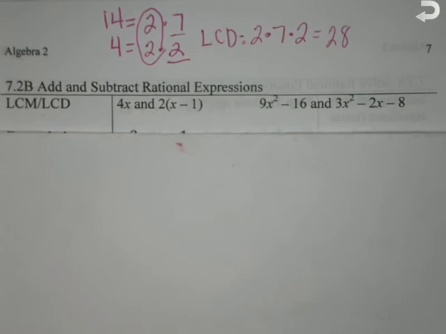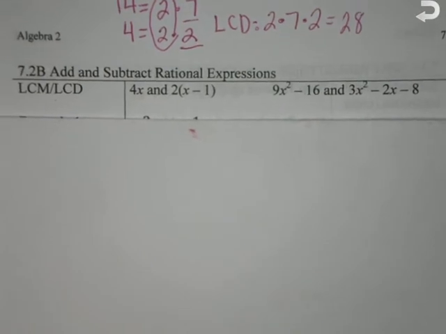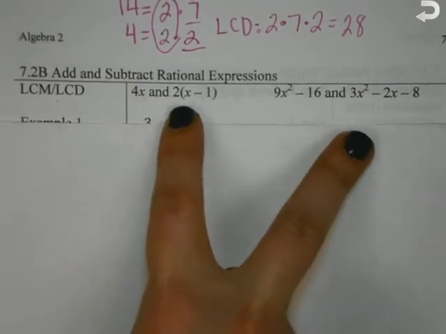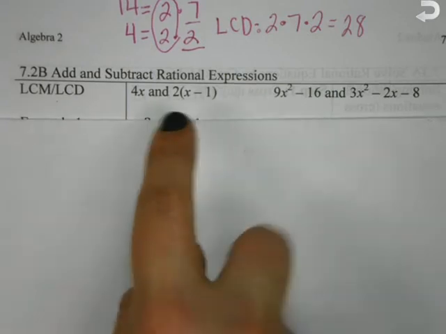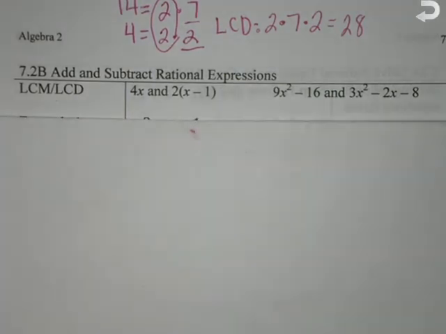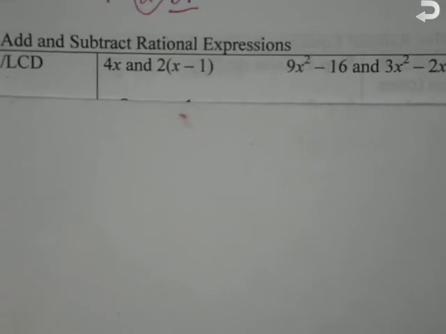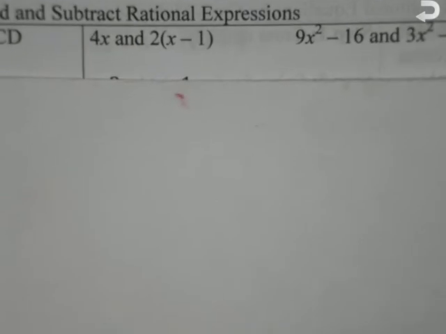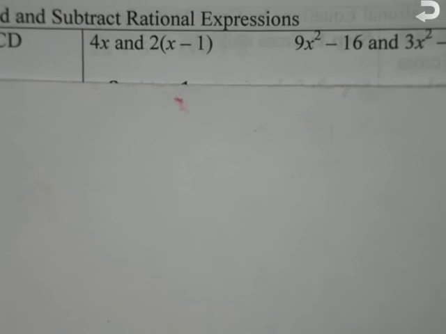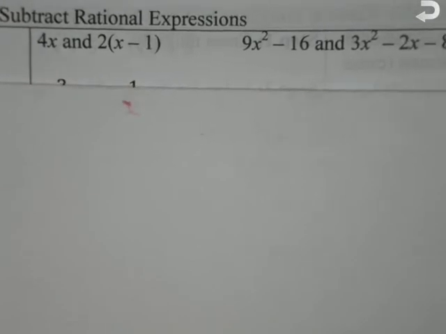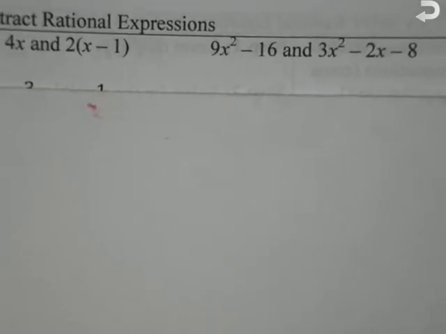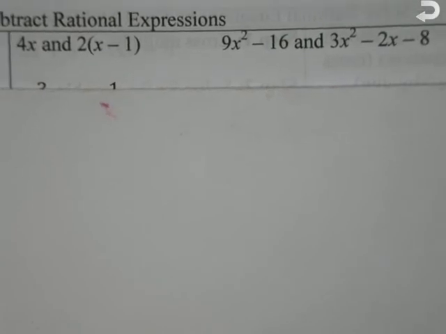So let's apply it to a couple of expressions. Same idea though. First we're going to work with 4x and 2 times x minus 1. I'm going to zoom in because I did not give myself a lot of room to work with here. What's the other one? 3x squared minus 2x minus 8. There are our 2 expressions.